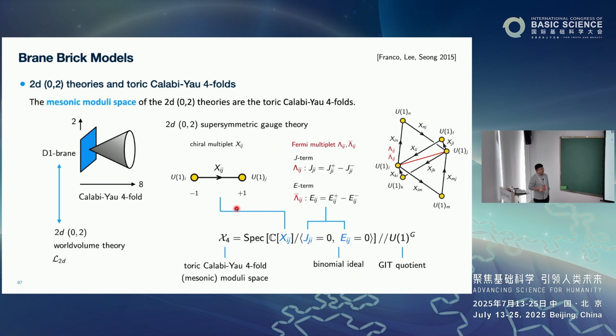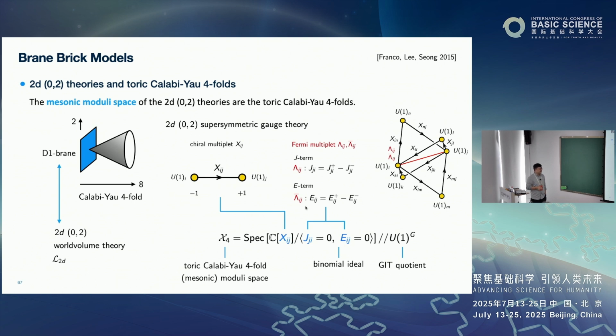So again, if I have my chiral multiplets and my Fermi multiplets associated to a pair of J and E terms, the corresponding 2D 0,2 Lagrangian is uniquely identified. With that information and how the chiral multiplets transform under the gauge groups, I can write down the corresponding coordinate ring of the variety that is associated to the Toric Calabi-Yau fourfold.